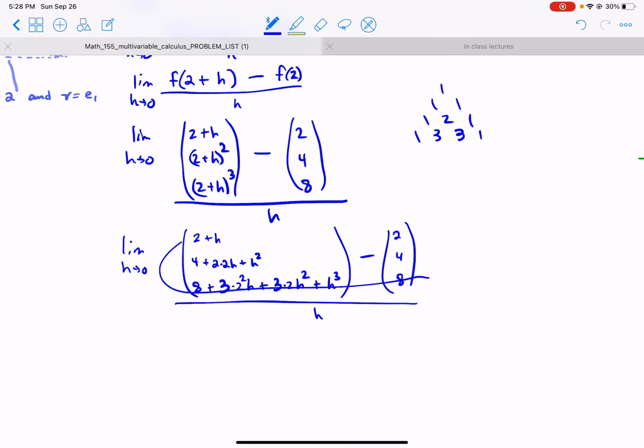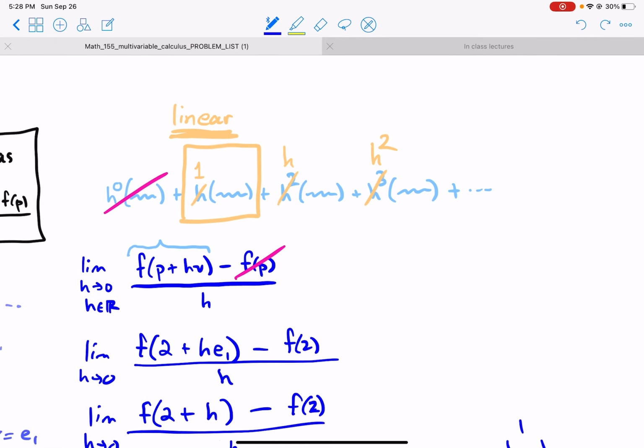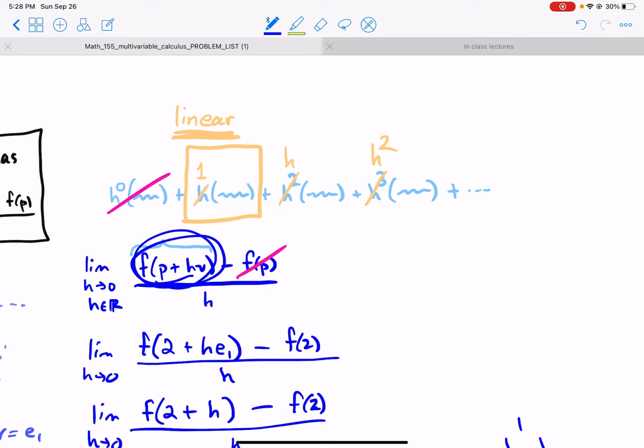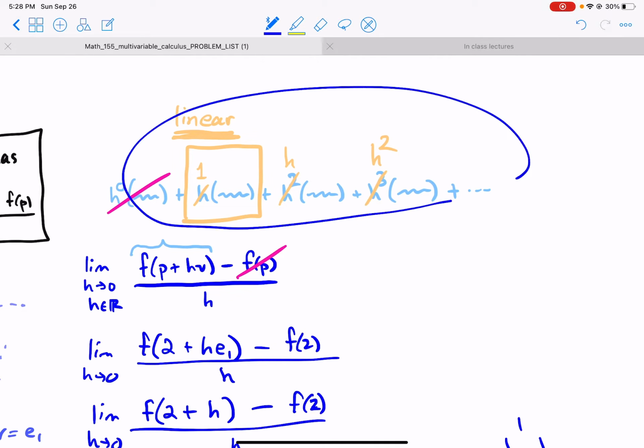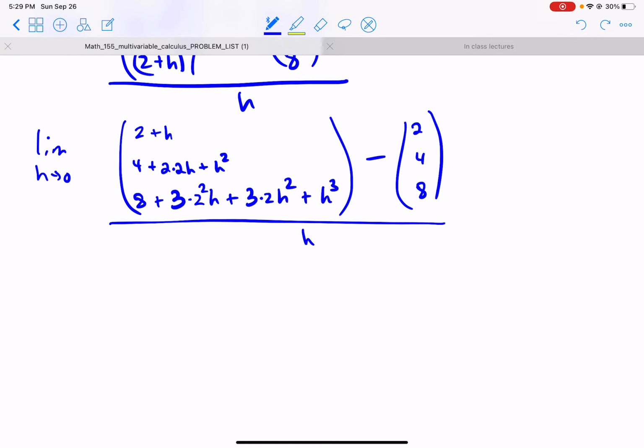So I'm subtracting two vectors and I'm dividing by some variable. And now let's do what I said we'd do. We're going to expand this part here in powers of h. So first, all I have is the 2, 4, 8. So I'm going to write 2, 4, 8, plus, so that was sort of like h to the 0.